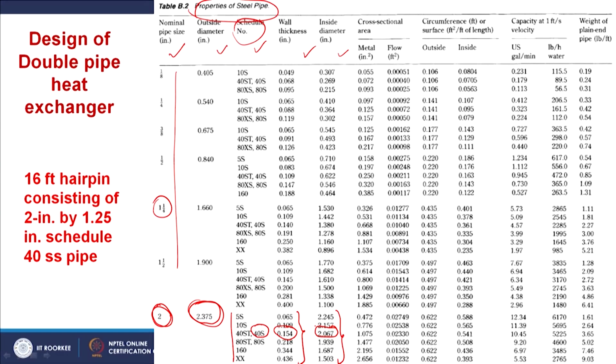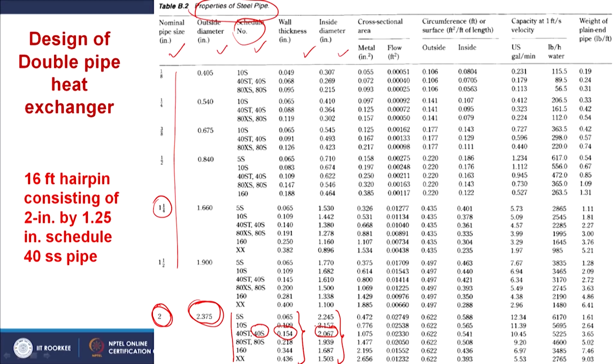So once you fix the OD of the tube and 40S as the schedule number of the tube, you can fix the tube ID. In this way you have to select the proper pipe for design of double pipe heat exchanger.